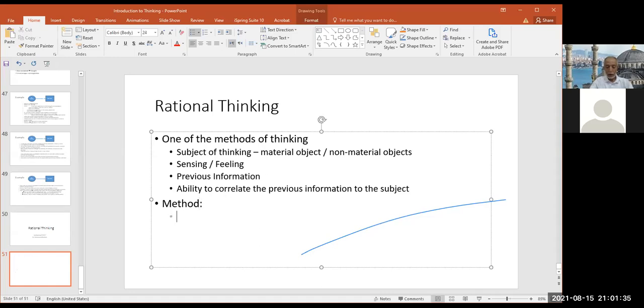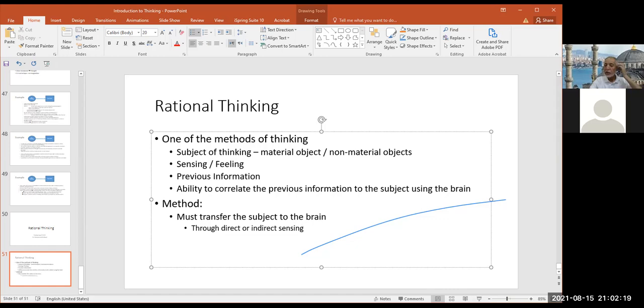Now the method must transfer the subject to the brain, since you're using the brain. So I must be able to transfer the object to the brain, and this transfer can be through direct or indirect sensing.